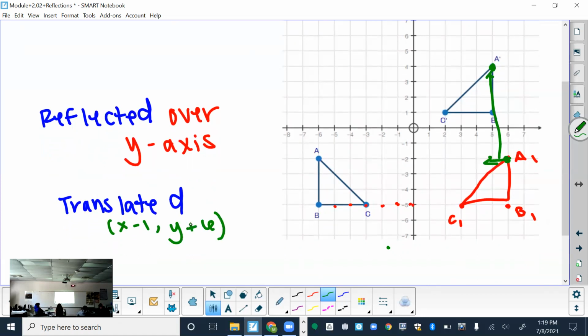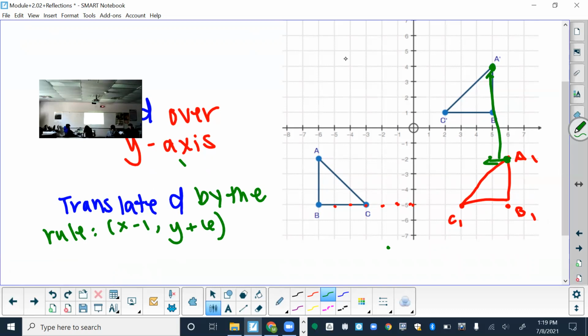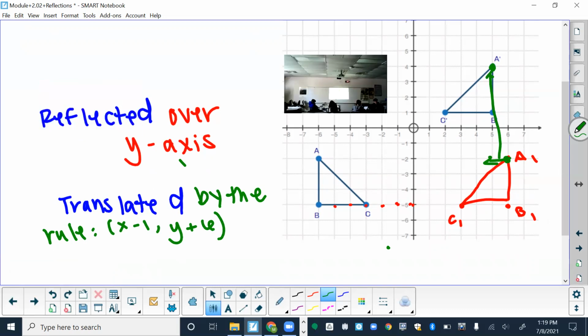So y plus 6. So it's reflected over the y-axis and translated by the rule x -1, comma y plus 6. All right, questions about that?